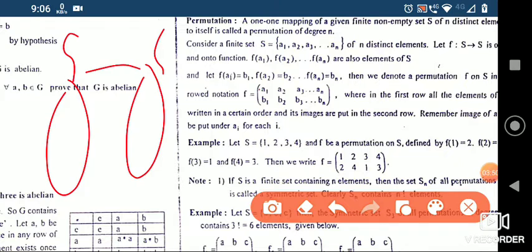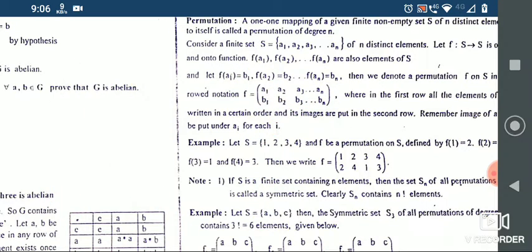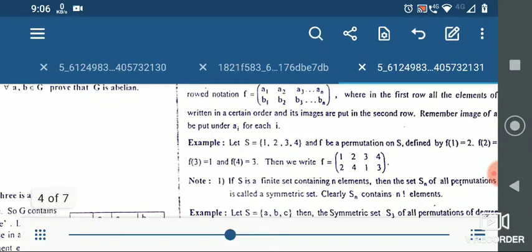They're doing that in this way. The elements which are there here are written in the second row, and elements which are there here are written in the first row. That is b1, b2, b3 all written down, and a1 which are there inside are written in numerator. That is how we represent here in permutation group.